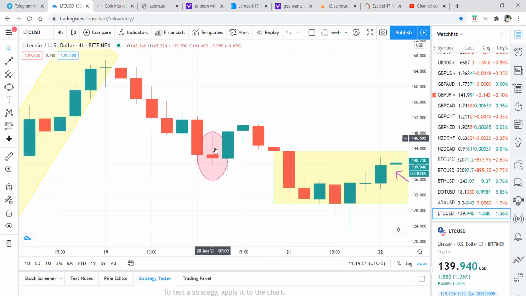Which candlestick is this? Right here. Only one person has an idea of what candlestick we're looking at.